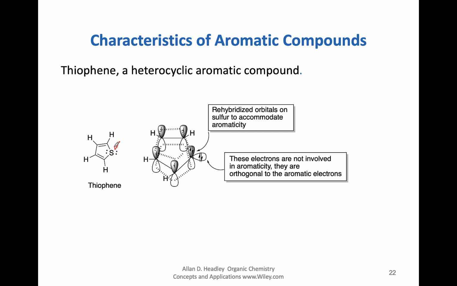We know that sulfur is below oxygen, so we'd expect it to be sp3 hybridized, placing these 2 electrons in the sp3 orbitals. However, we can put 2 electrons here in conjugation with these other 4 and gain aromaticity. Remember, aromaticity here means stability, lower in energy.